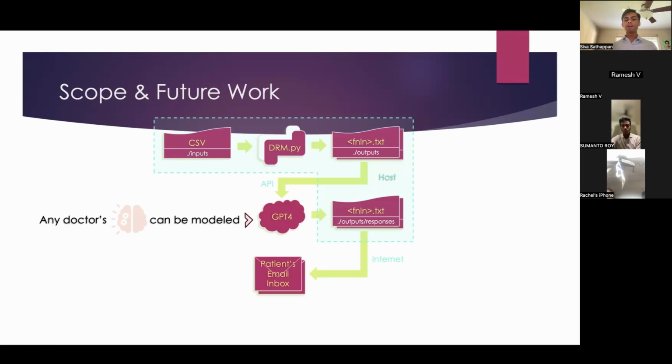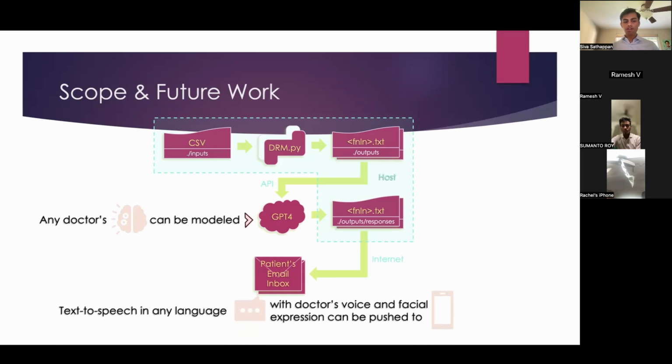We can take them and create a model out of them and run it as our own. For now, I'm using GPT-4's existing model as the foundation, but it has so much scope for creating any doctor's brain. Furthermore, we can have text-to-speech, the doctor's voice and facial expressions.